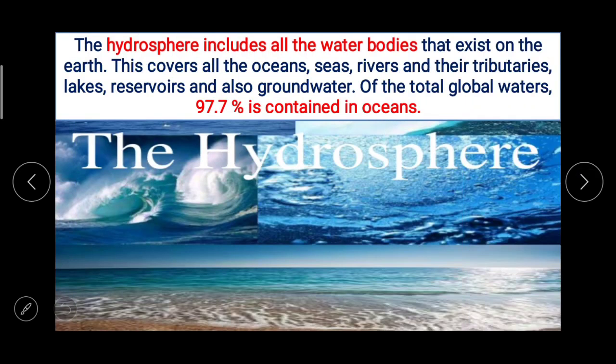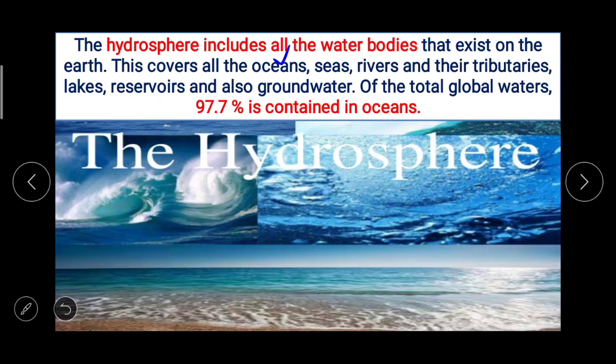The hydrosphere includes all the water bodies that exist on the earth. Now here the word 'all' is very important. The hydrosphere includes all the water bodies, जितनी भी है वो सारी water bodies मिला के hydrosphere बनता है.